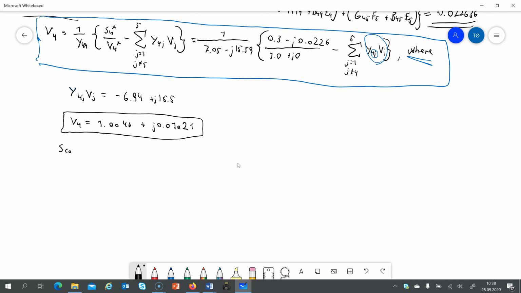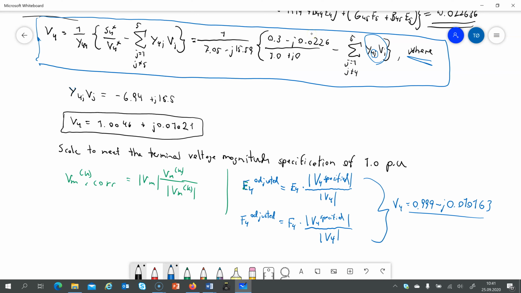So we scale to meet the terminal voltage magnitude specification of 1.0 per unit.